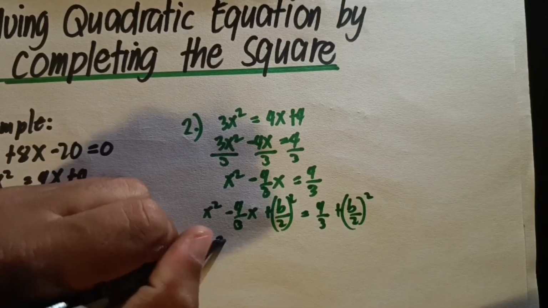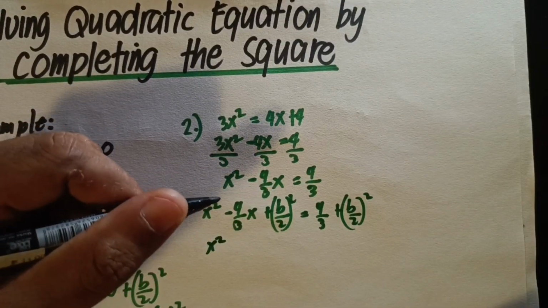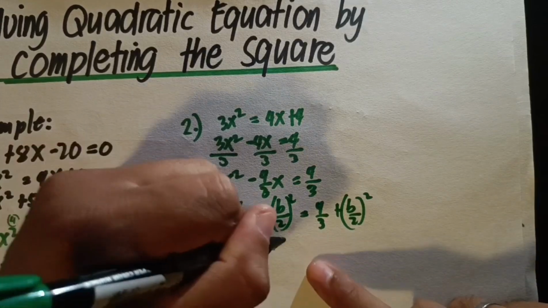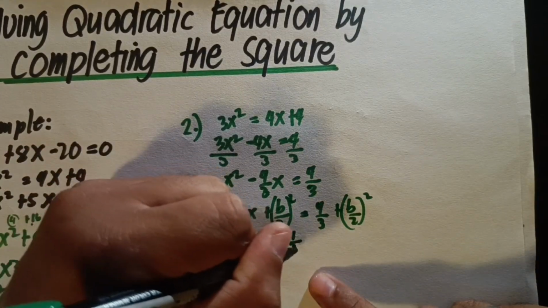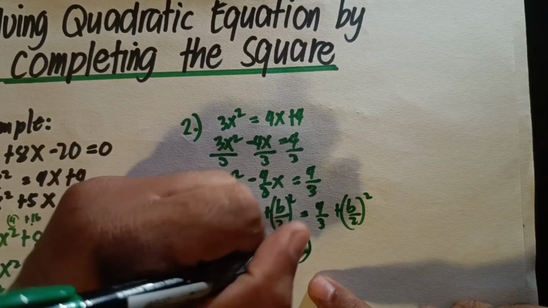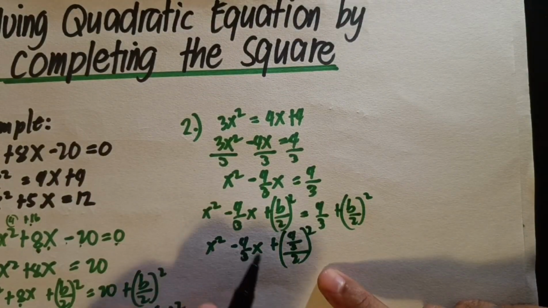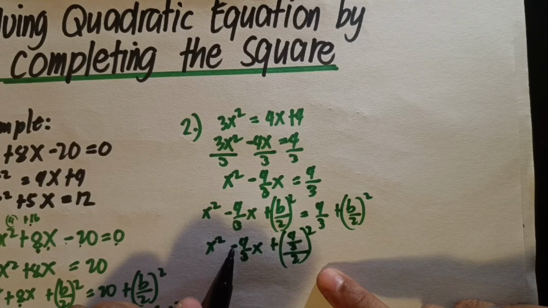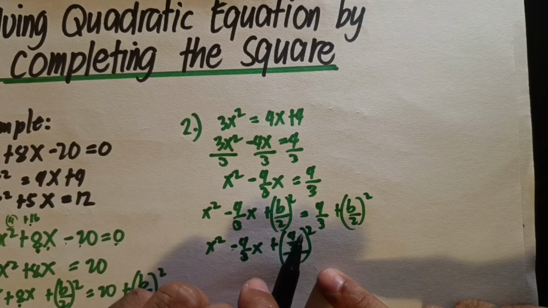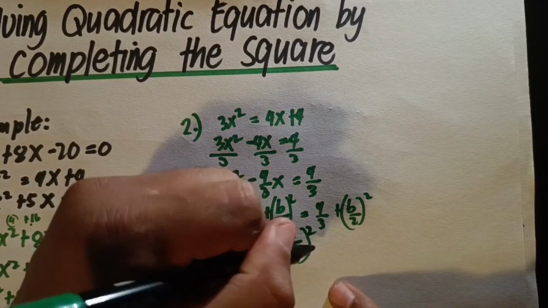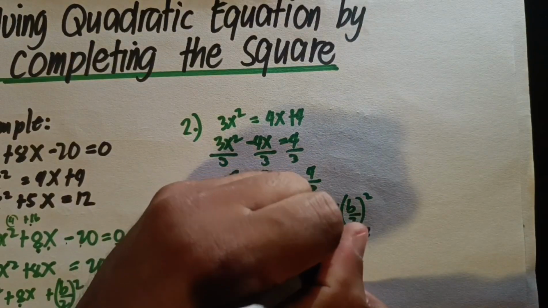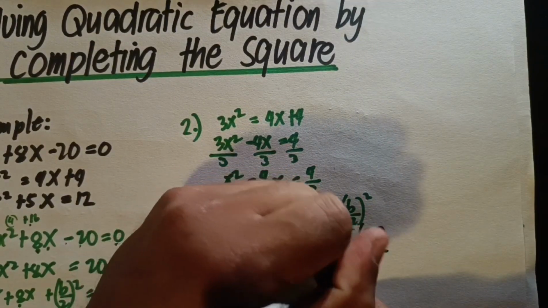So it will become x squared minus 4 over 3x plus, our b is 4 over 3, over 2, then squared. It is correct also if you neglect the negative, since negative times negative is positive. So equals 4 over 3 plus (4 over 3 over 2) squared.